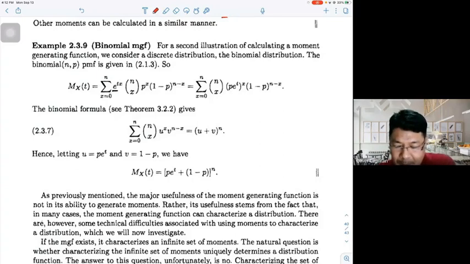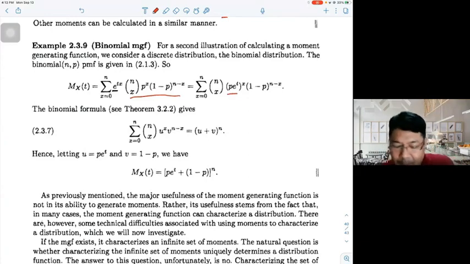Using our formula for the moment generating function, having a discrete random variable, we have the summation of e to the tx times the probability mass function of our random variable x, for x from 0 to n on the support of x. Then simplifying, we have the product (p e to the t) raised to x, and then (1 minus p) raised to n minus x.